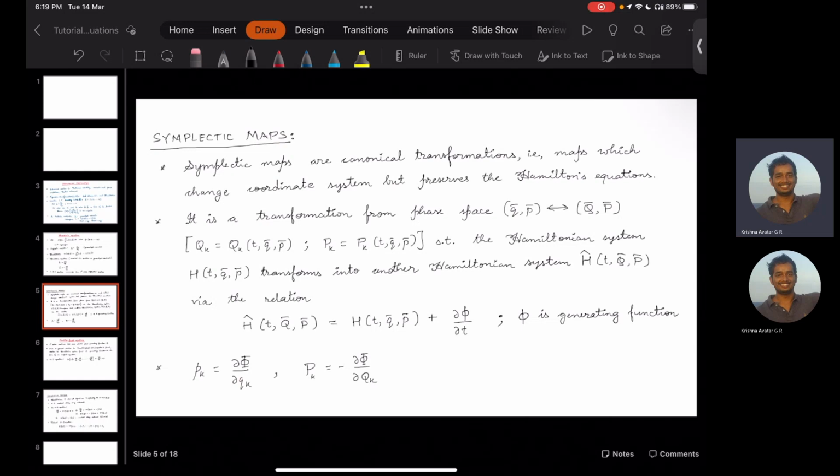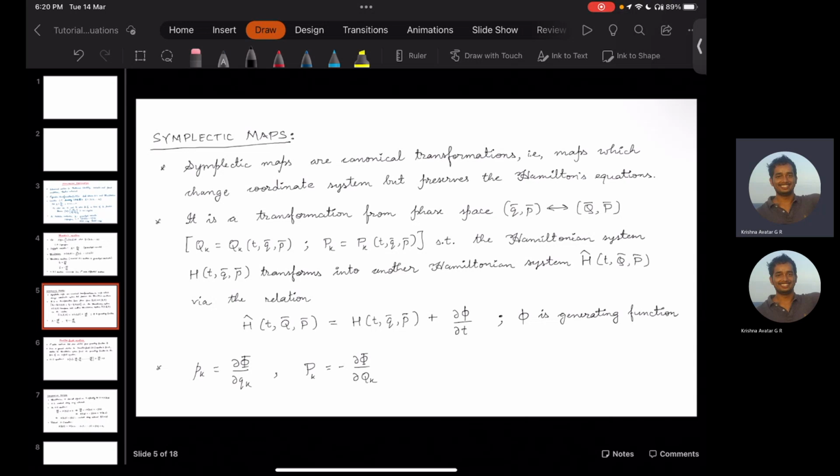Essentially, we require the generating function to move from the Hamiltonian formulation in one phase space to that in another phase space.